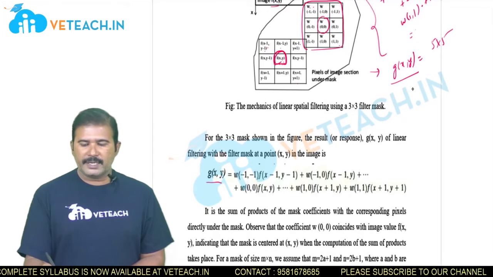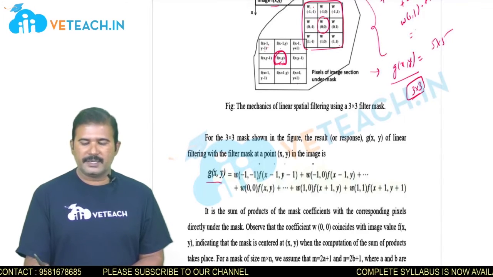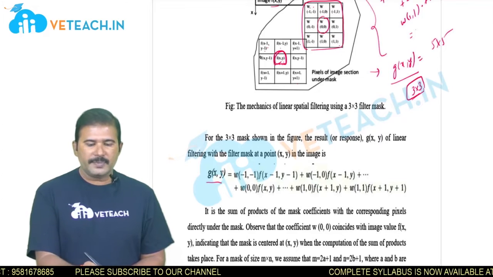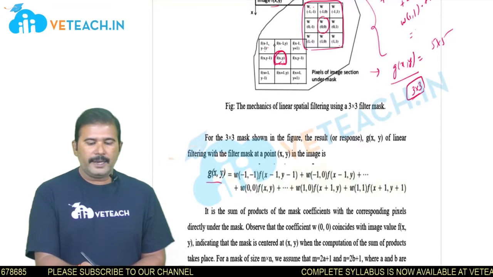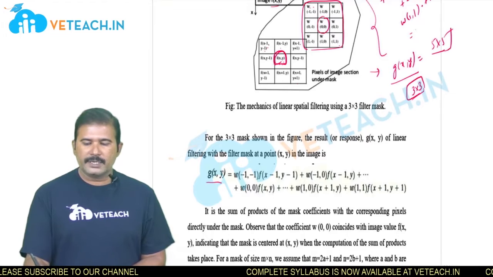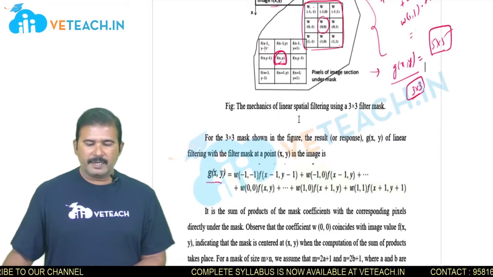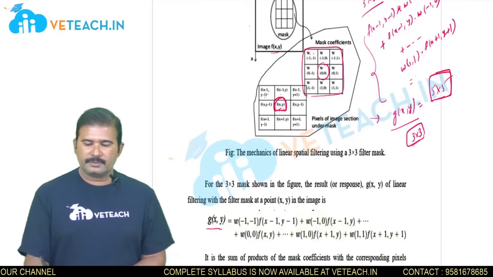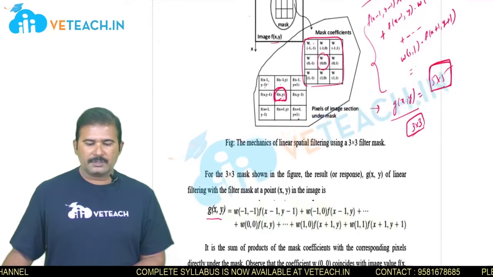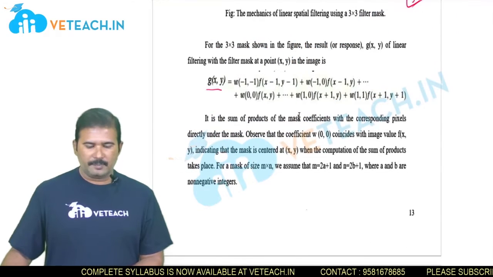A 3x3 neighborhood means the mask size is 3x3, covering 9 pixels, that is, all 8 neighbors of the center pixel. If you increase the size of the filter, the neighborhood increases, so more pixels are covered for the filtering operation.